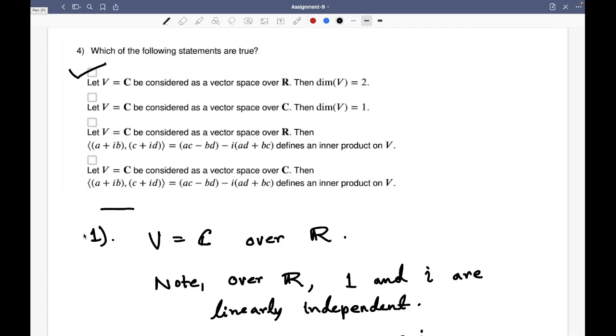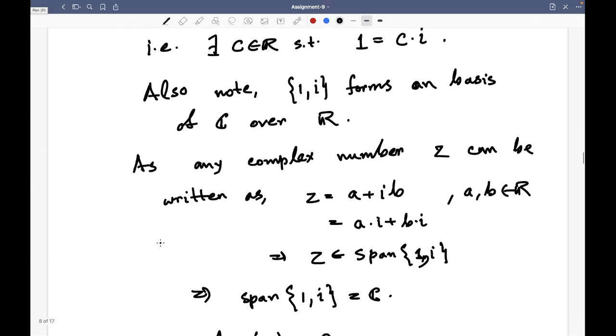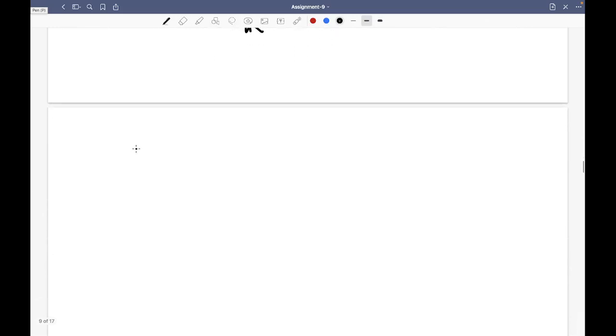What is the next option? Here you have to check the dimension of B, the complex numbers over C. So it is saying the dimension of the complex numbers over C will be 1. So let's check this. This is option number 2.